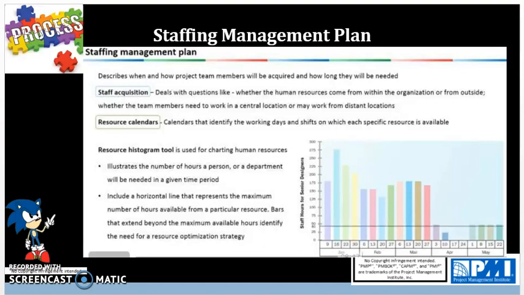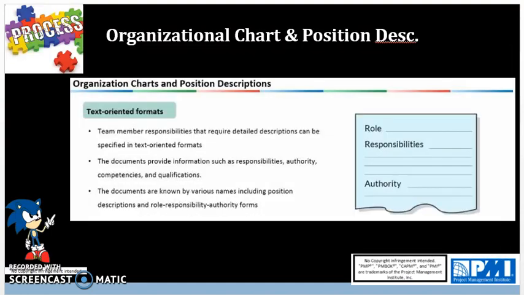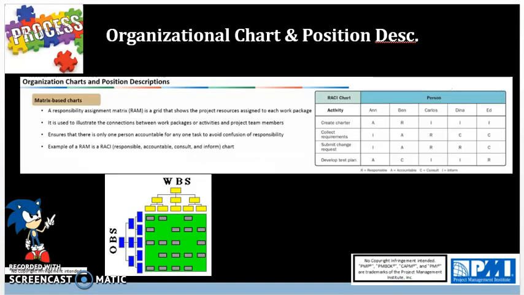So the next piece of the plan is going to be the org chart. It is part of the HR management plan. You can see that it will consist of text-oriented position descriptions along with org charts that consist of a RACI matrix.